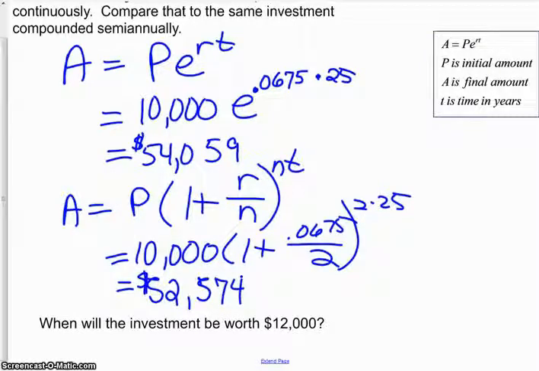So really you only gain about $2,000 from having that compounded continuously versus compounded semi-annually, twice a year. But I'll tell you, with $10,000, $2,000 is still significant.